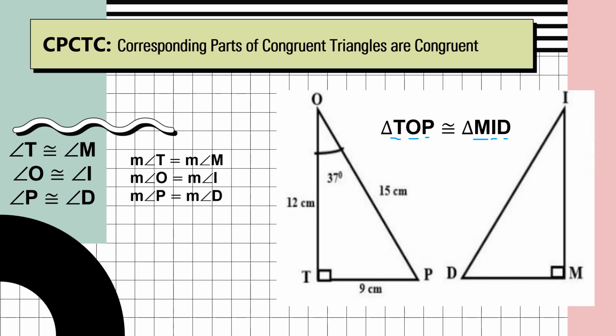Ngayon, when we say congruent, diba? Same size and shape. So, ibig sabihin yung sukat niya pareho. So, from this data, diba, we could say that the measurement of angle T is equal to the measurement of angle M. Sila yung magkatapat, diba? And the measure of angle O is equal to the measure of angle I. Measure of angle P is equal to the measure of angle D.